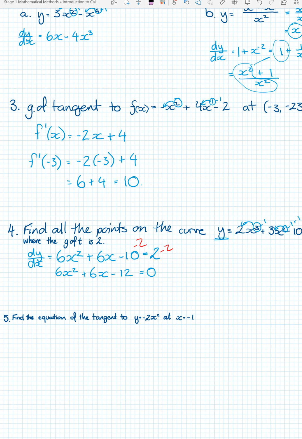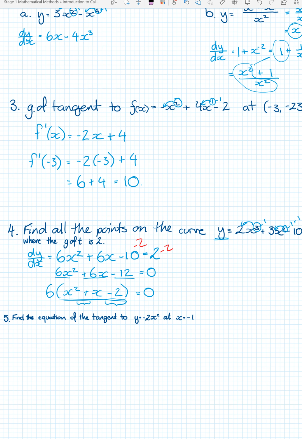When we look at all of these terms, we can see that we can take out 6 as a common factor. So we're going to do that first. And that will leave x squared plus x minus 2 equals 0. Once we've done that, we can have a look at our quadratic that's left here. Now, using our sum and product rule, we want to find two numbers that multiplied together give us minus 2 and added together give us plus 1.